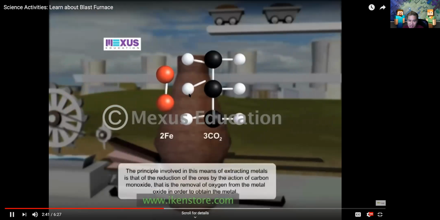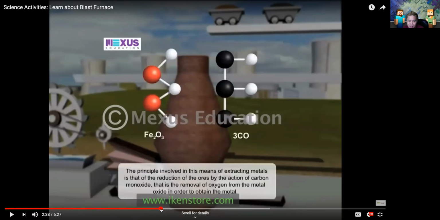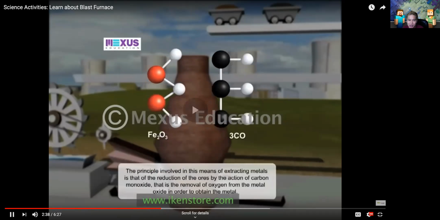So here you can see, what did you notice here? Let's go back. Here we have two iron atoms and three oxygen atoms. Here we have three carbon and three oxygen atoms.